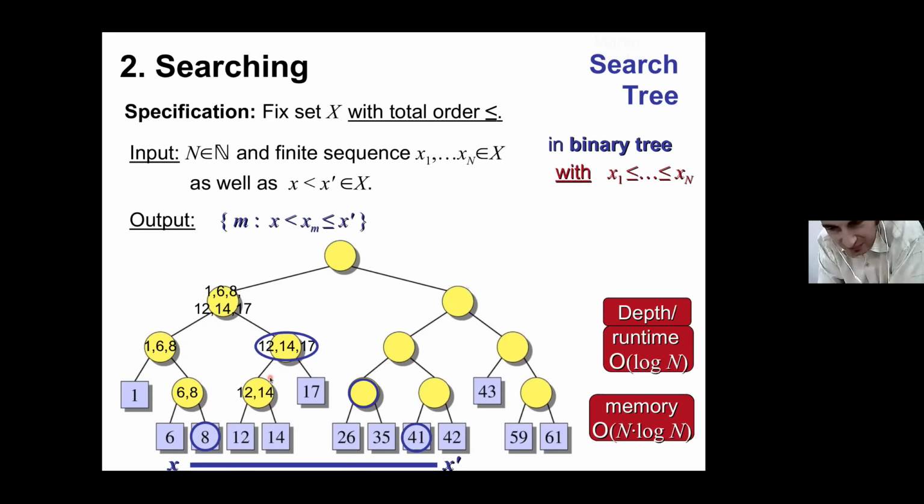Okay. So if you do this, then you have another type of logarithmic algorithm for counting the range, which in this form is more or less, in some sense, equivalent to binary search.